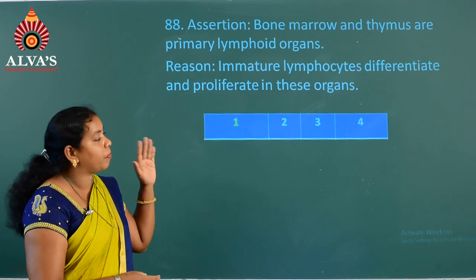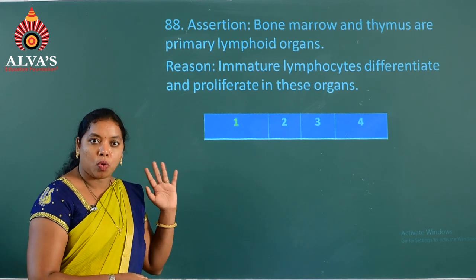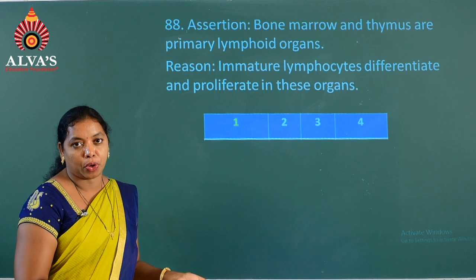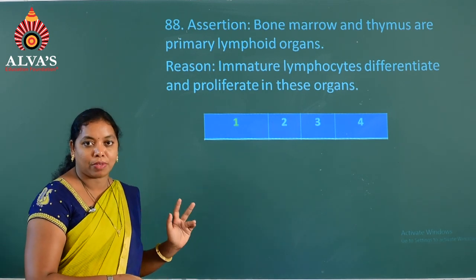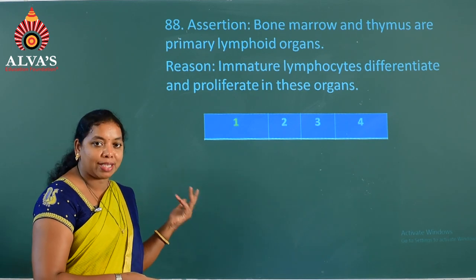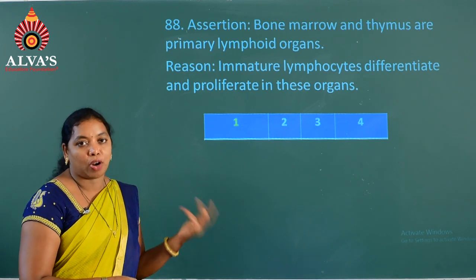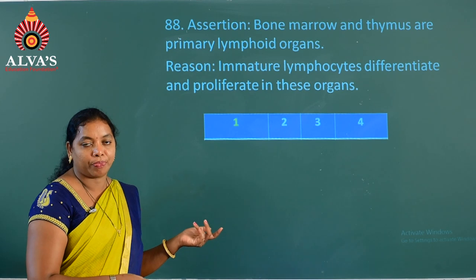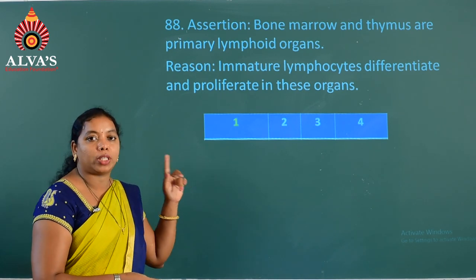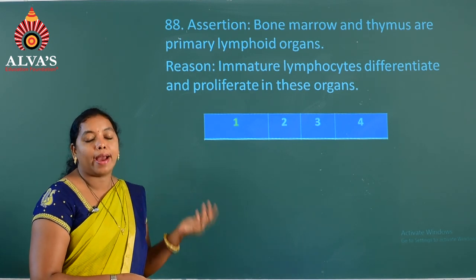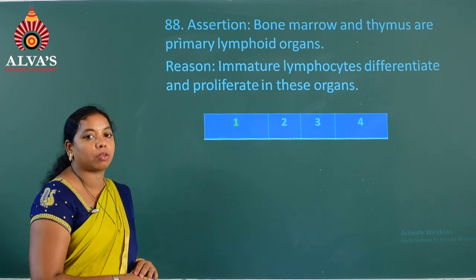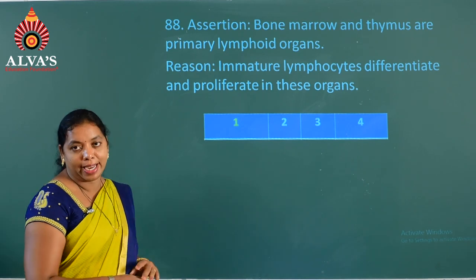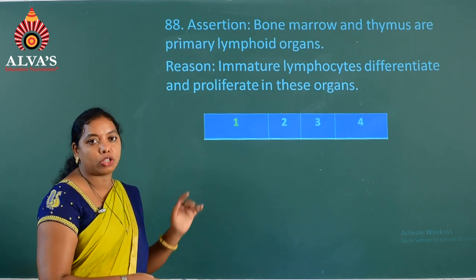We call bone marrow and thymus primary lymphoid organs, and in the bone marrow and thymus, B lymphocytes as well as T lymphocytes undergo proliferation and differentiation. Hence both assertion and reason are true, and the reason is the correct explanation for the assertion. Hence for question number 88, the correct answer is the first option.